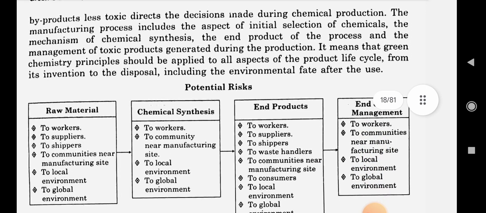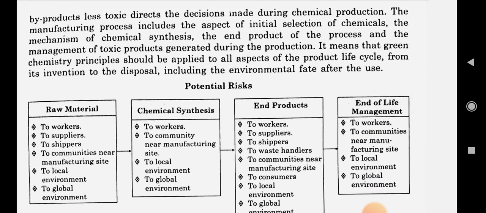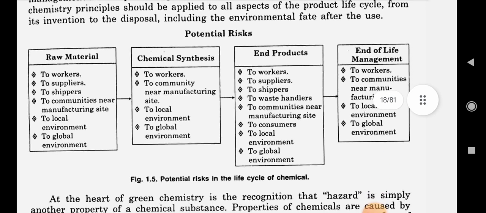The manufacturing process includes the aspects of initial selection of chemicals and the mechanism of the chemical synthesis, the end of the product's process, and the management of toxic products generated during production. It means that green chemistry principles should be applied to all aspects of the product's life cycle from its invention to its disposal, including its environmental fate after use and potential risks.